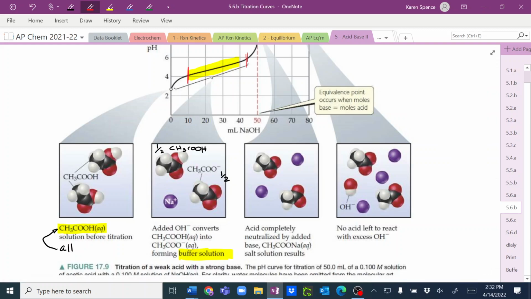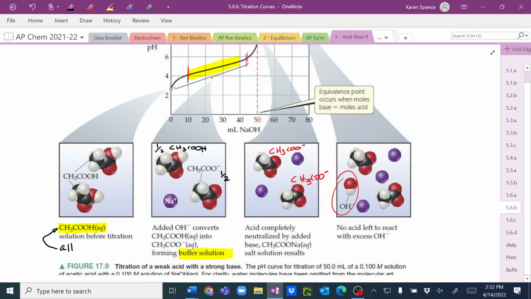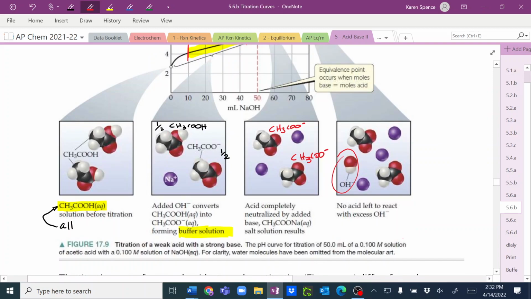And then, of course, we have all CH3COO minus. And that hydrolyzes, and then we have XSOH, and that is our predominant species that affects the pH. So once again, we have 50 milliliters of acetic acid.